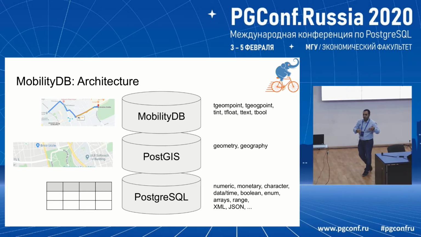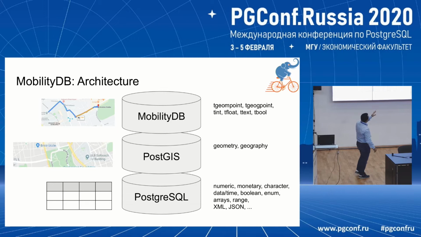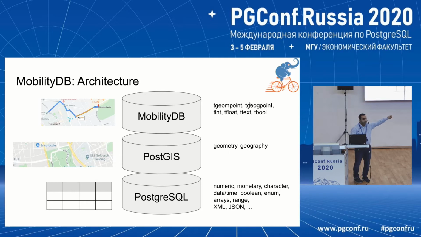On top of the two, MobilityDB adds a temporal extension to these base types. So you get types like temporal geometry point, temporal geography point. These are points moving in time, but also temporal integers, temporal floats, temporal text, temporal Boolean, and so on.